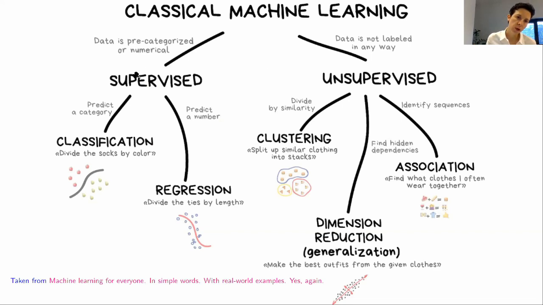Now, if you look within the branch here of supervised learning methods, then people usually make the distinction between classification and regression. So that is about the nature of your target variable. With regression, we're looking at a numeric target variable.